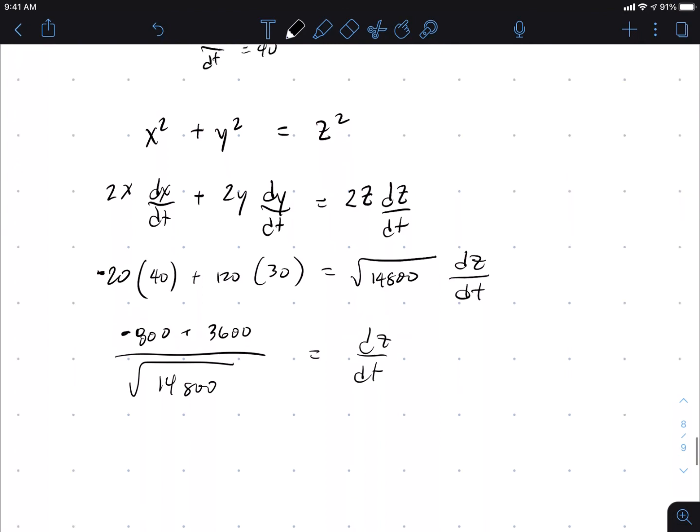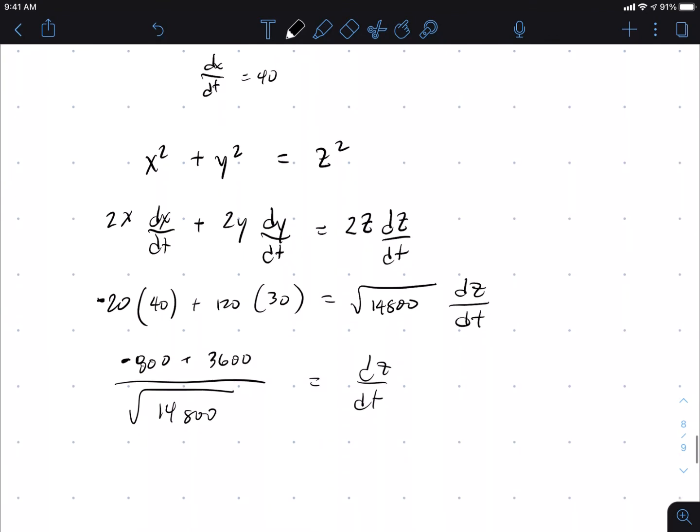I'll explain it to you guys just real quick so you can see it. Because the gap is how far the ship went, x, minus 180.